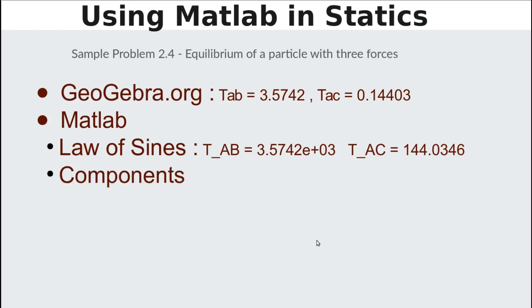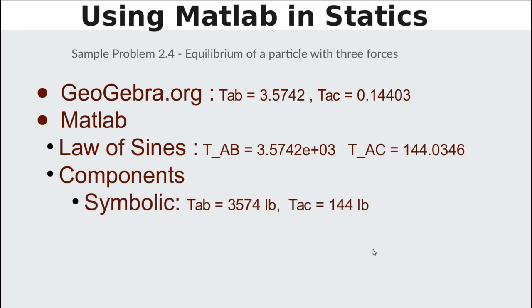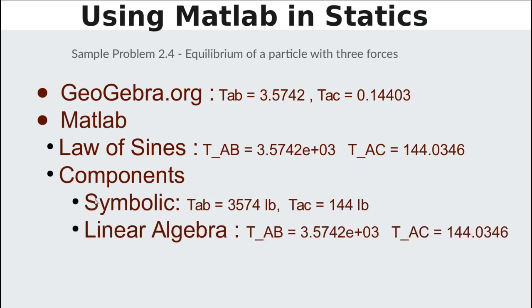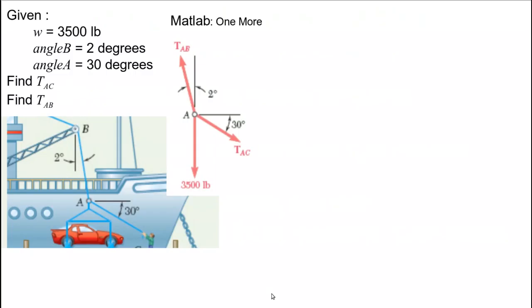And we looked at components with x and y. I did a symbolic solution, got the same results, and a linear algebra solution, and got the same results. Again, you can use symbolic and linear algebra to solve simultaneous equations. Got one more method.